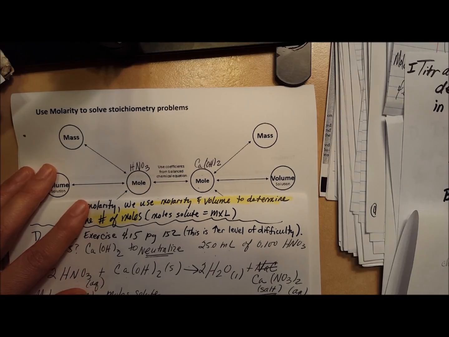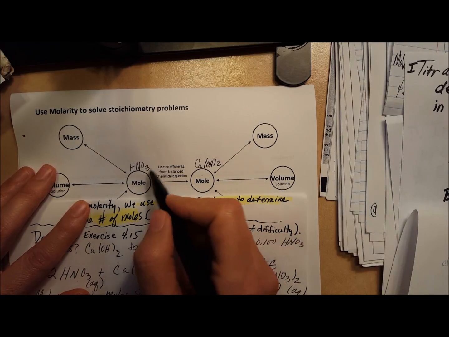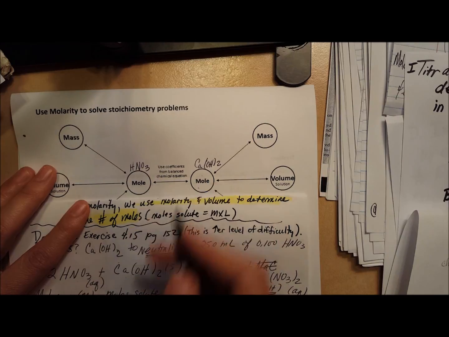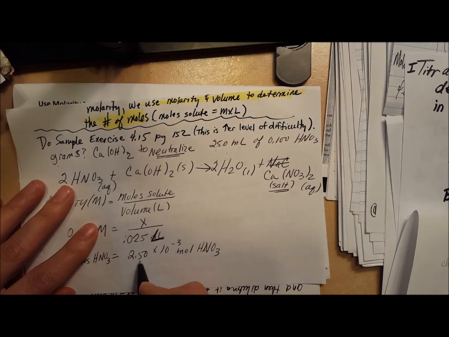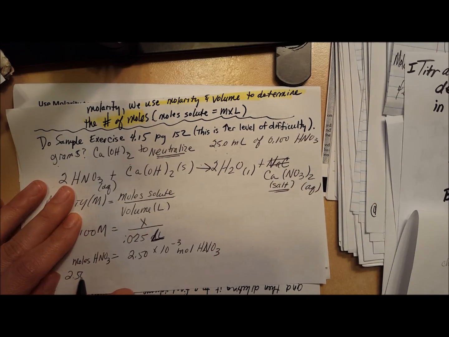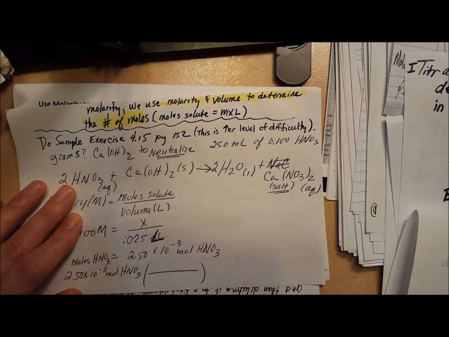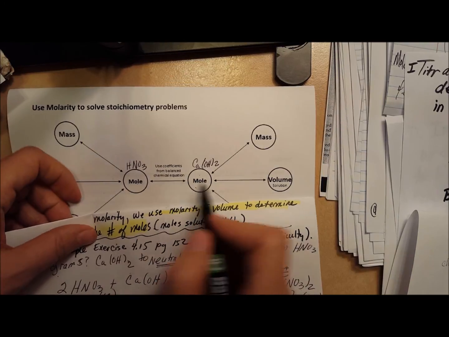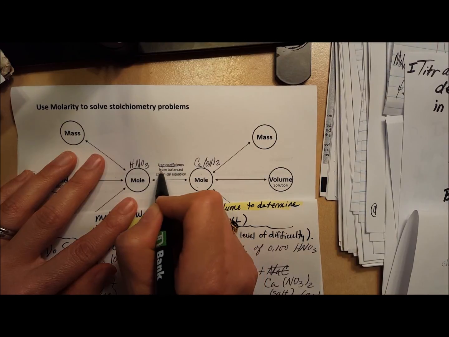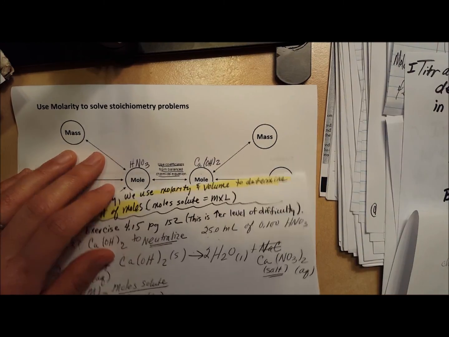So to do this, you start with 2.50 times 10 to the negative third moles of HNO3, and to change that to moles of calcium hydroxide, a mole to mole conversion, it says here, use the coefficients from the balanced chemical equation.